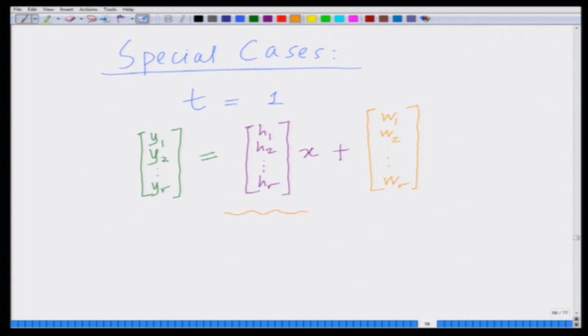This is nothing but a model for a multiple receive antenna, a wireless communication system with multiple receive antennas and a single transmit antenna. We have seen this model in the context of receive diversity, and we also demonstrated that maximal ratio combining is the optimal reception technique.